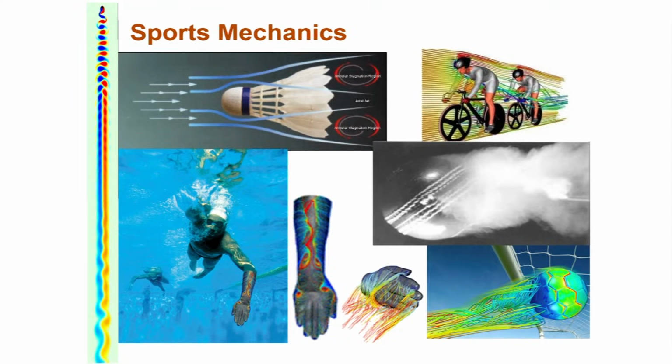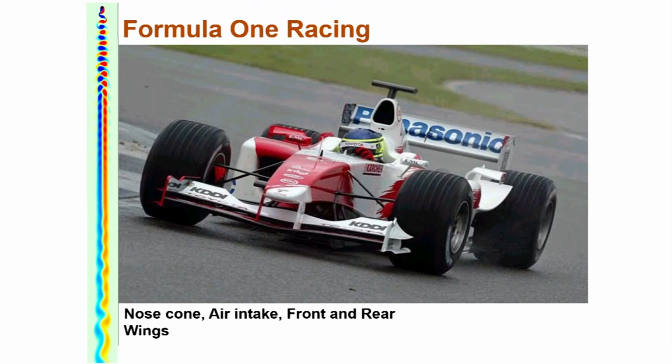If I am trying to perfect my strokes in swimming, again fluid mechanics can help me, or understand the knuckleball phenomenon of a football. Formula motor sports: how do I design the wings, the nose cone, the air intakes of these very nice sports objects? Fluid mechanics can help me with that.